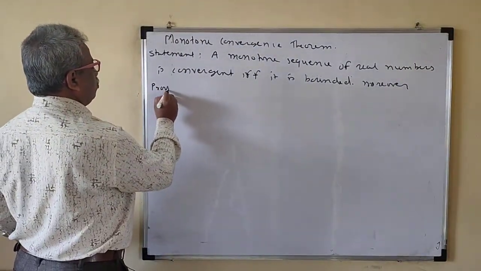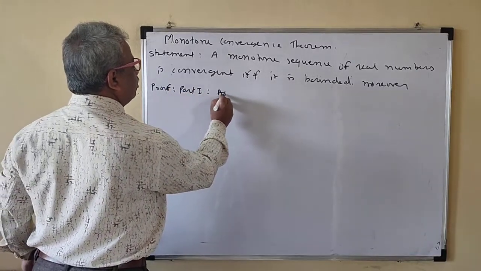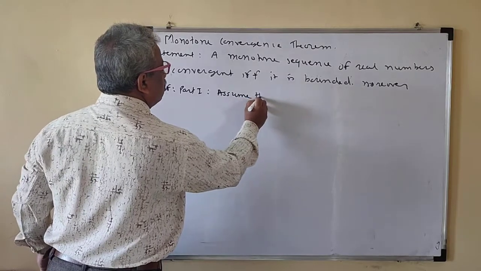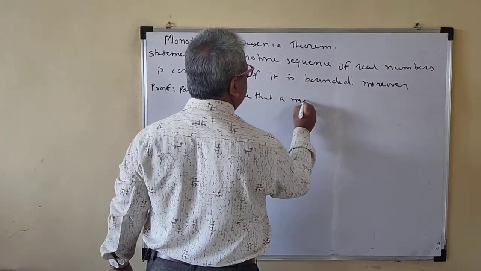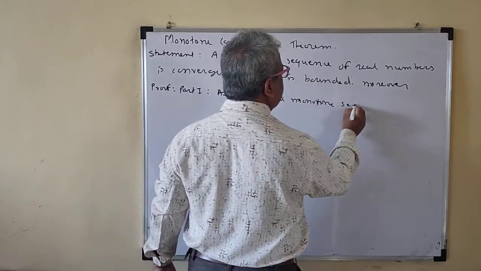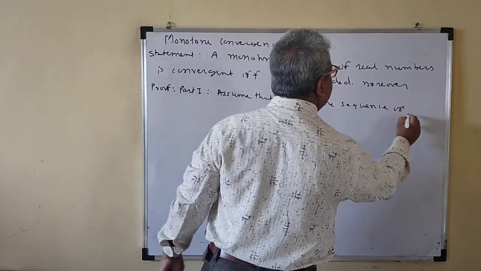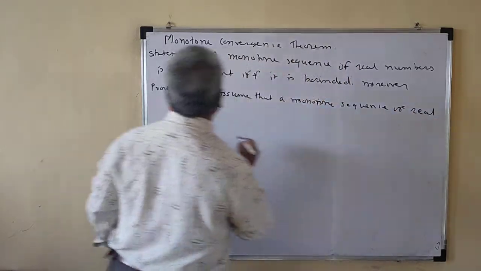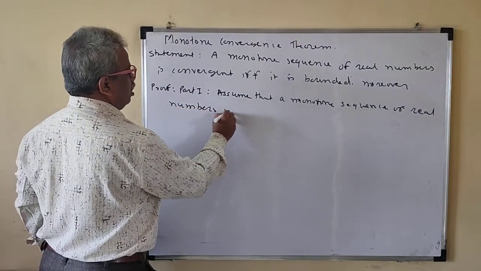Proof. Part 1. Assume that a monotone sequence of real numbers is convergent.